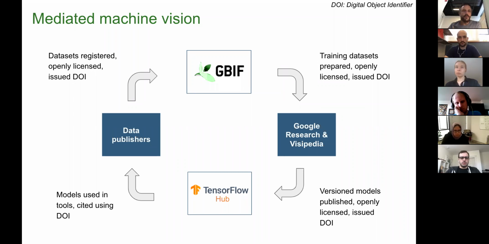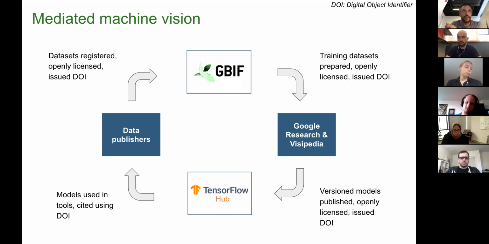In the biodiversity community, and to some extent in machine learning, DOIs are used for everything. So you can use them for citation, attribution tracking, but normally you see DOIs for publications, but it can be for anything.